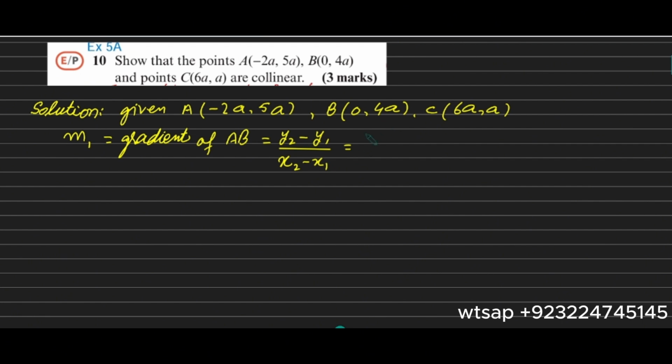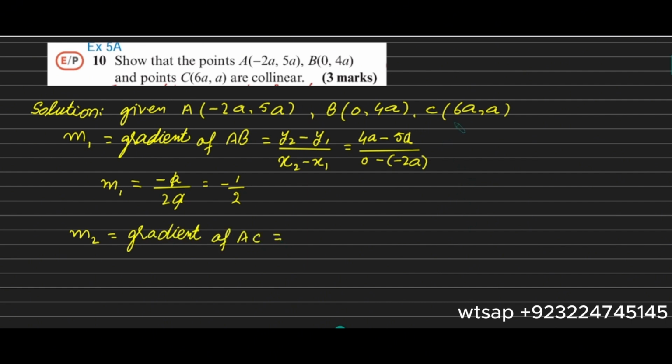Here 4a is y2 minus 5a, which is y1, divided by x2 minus x1, here 0 from B minus minus 2a from A. We find m1 equal to 4a minus 5a, which gives minus a, divided by 0 minus minus 2a, which is plus 2a, so the gradient equals minus 1 by 2.